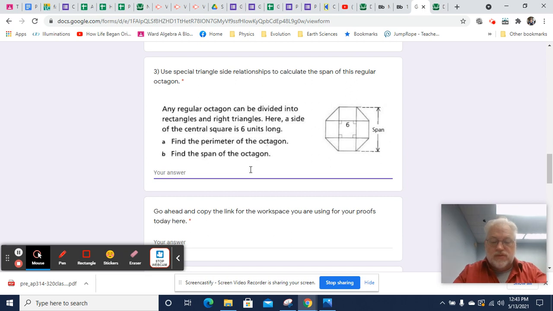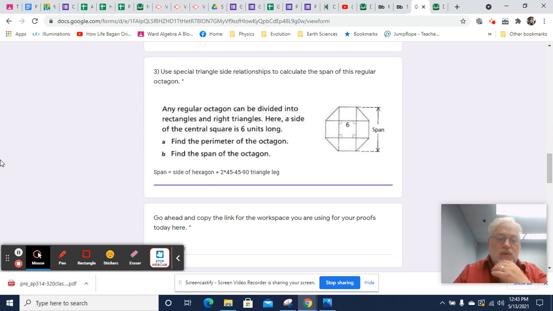Okay, so span is going to equal side of octagon plus 2 times the 45-45-90 triangle legs. Okay, or a leg. Okay, so we can work that out.